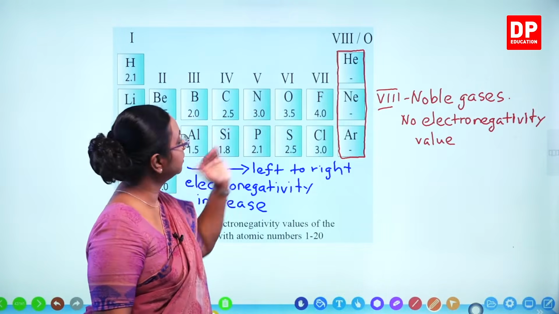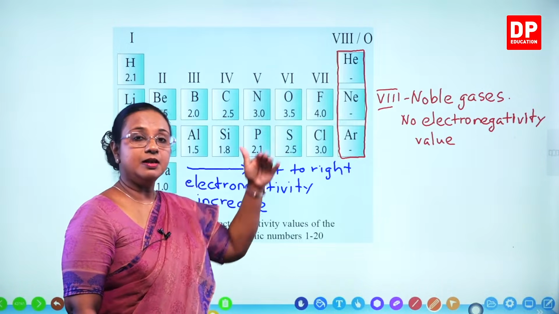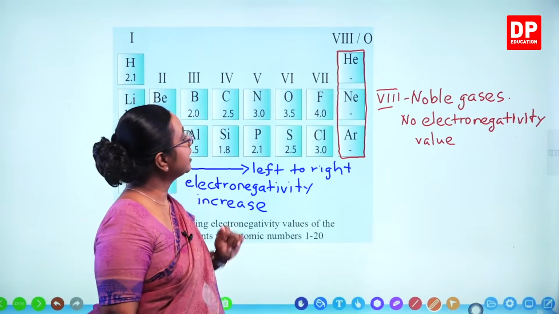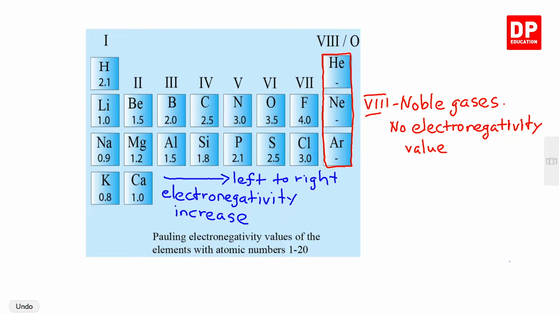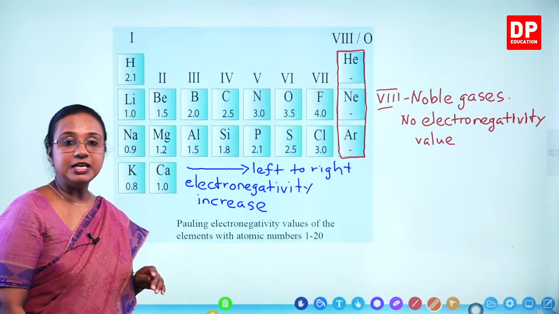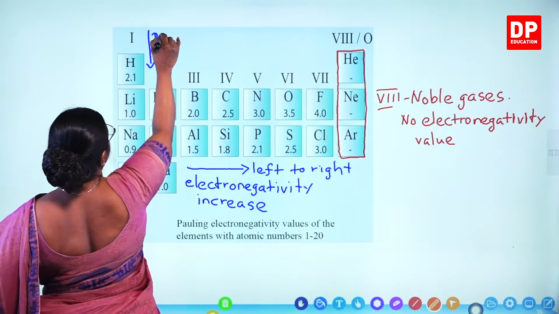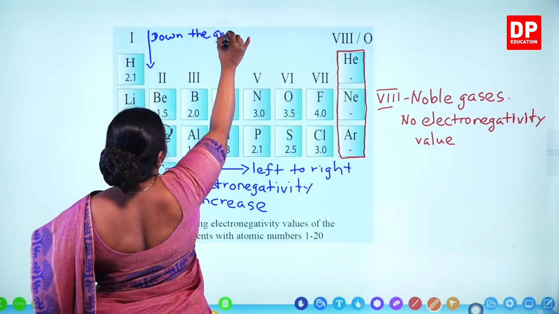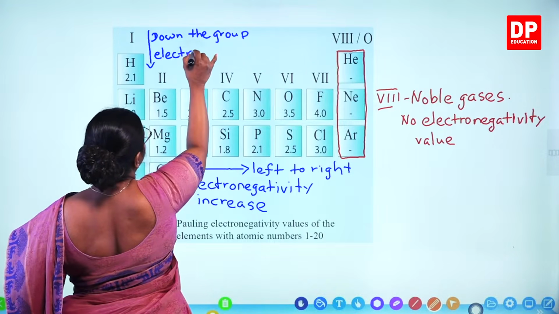Even in the other groups, when you compare the second period and third period, the electronegativity decreases. Group 7, fluorine has value 4, chlorine has value 3. So students, down the group, as you have seen, the electronegativity decreases.